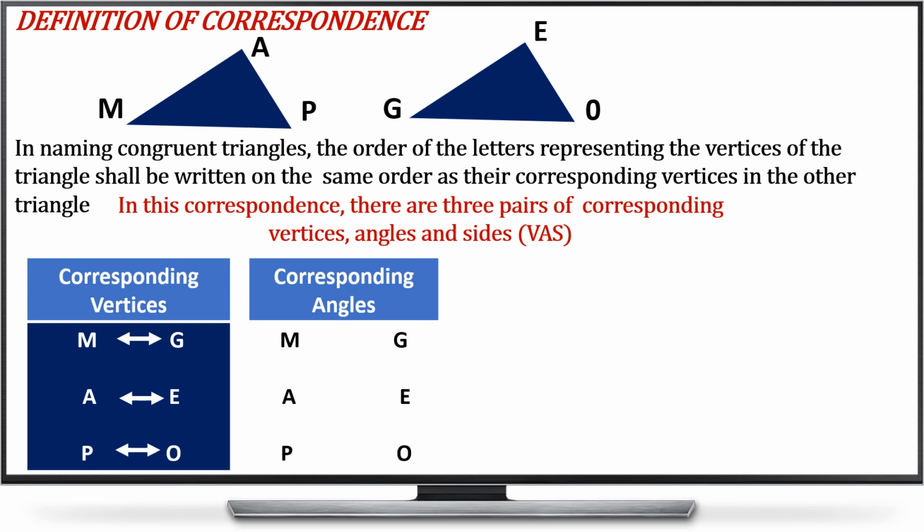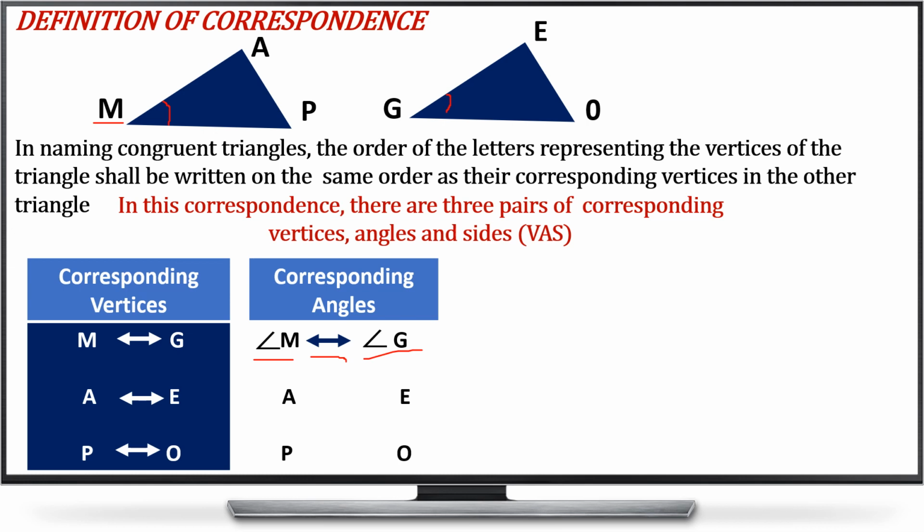So in this case, angle M correspond to angle G. Ibig sabihin, itong angle nito, which is angle M, ang kanyang kapartner is angle G. Kasi po, same position po sila. So, ang basa natin dito, angle M correspond to angle G.